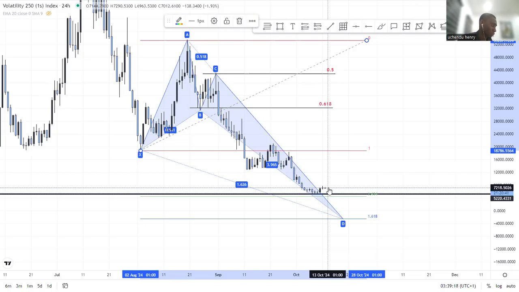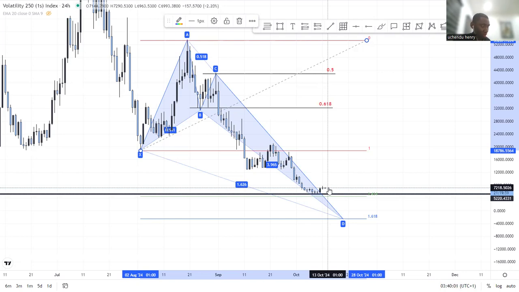The only thing we can have there is... we can't have Gartley because 0.786 is out of it, so we can't even have Gartley. We can't have Gartley, we can't have butterfly, because for butterfly we're looking at 0.786, we can't have that.